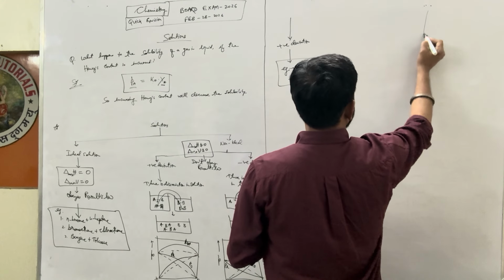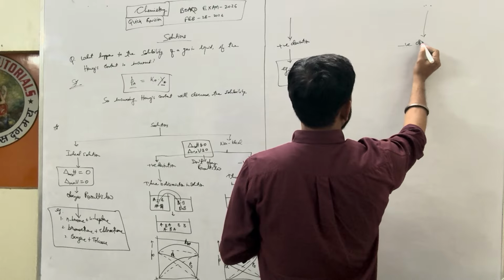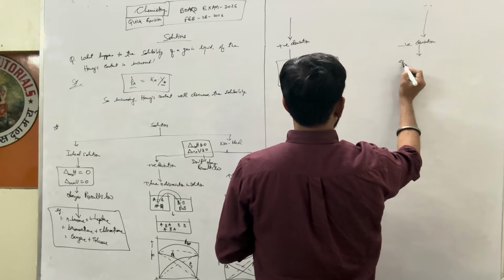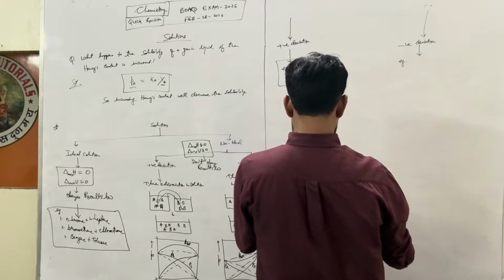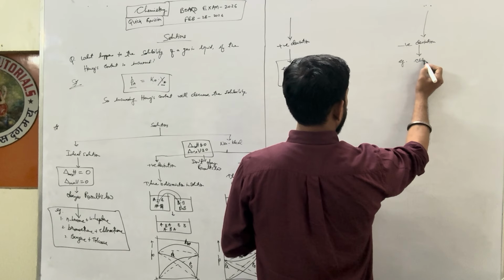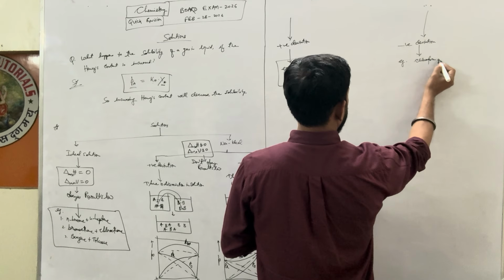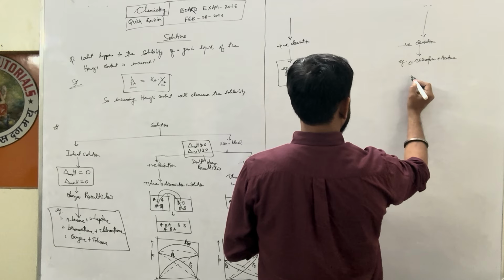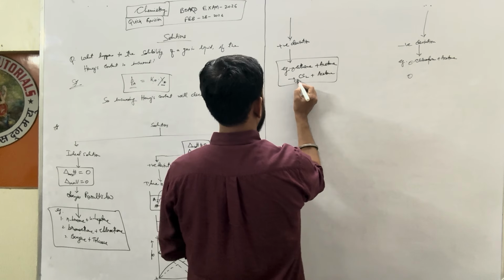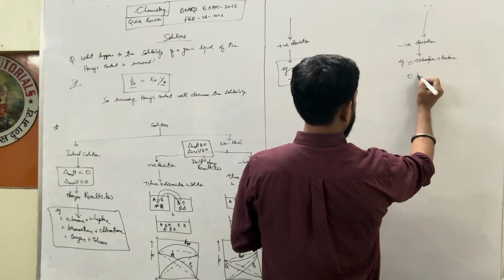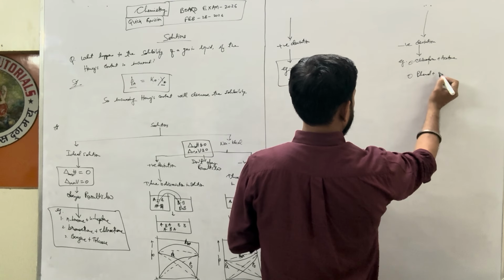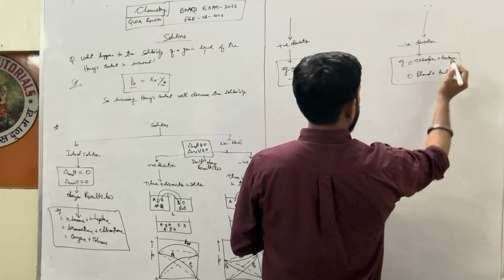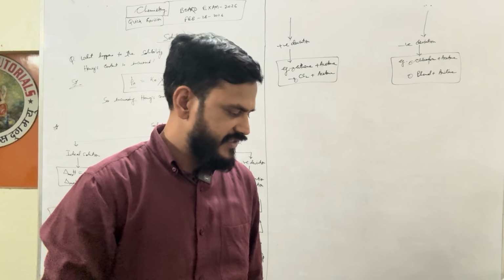Negative deviation examples are chloroform plus acetone, and phenol and aniline. So these are two examples, guys.